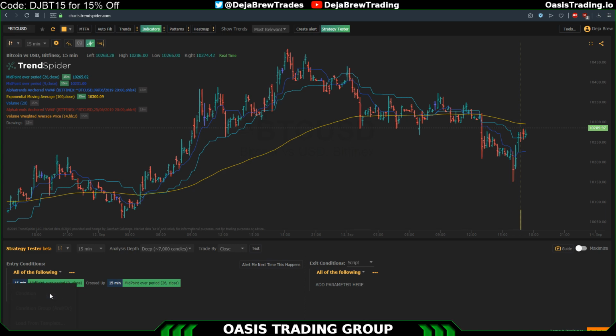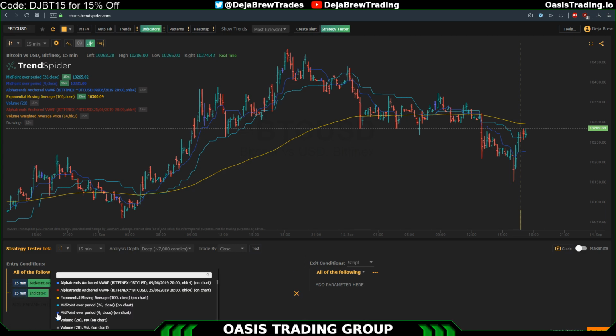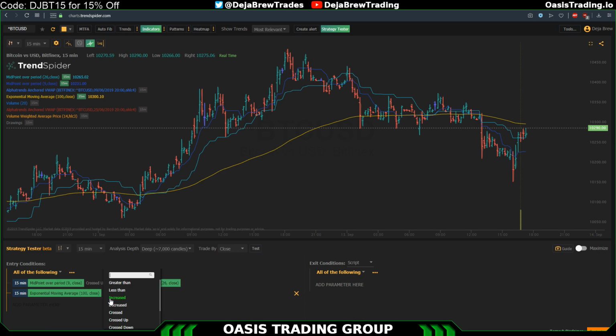Okay. And then we also want to add condition, indicator, and then we have my EMA here. Exponential moving average 100. And then we do less than price, close. Because that's going to tell us when the EMA is below price. So as long as the EMA is below price and we see a bullish TK cross, that is going to be our entry.